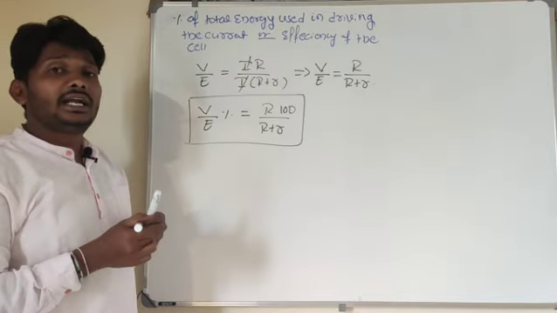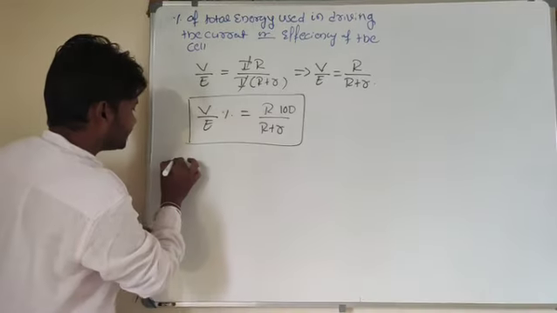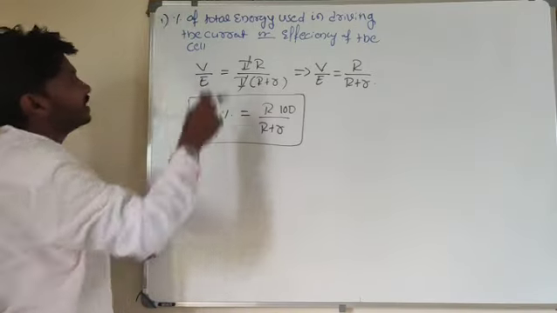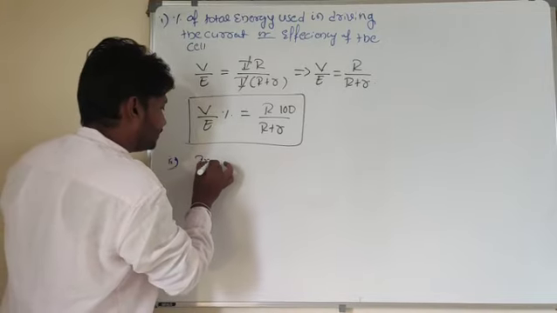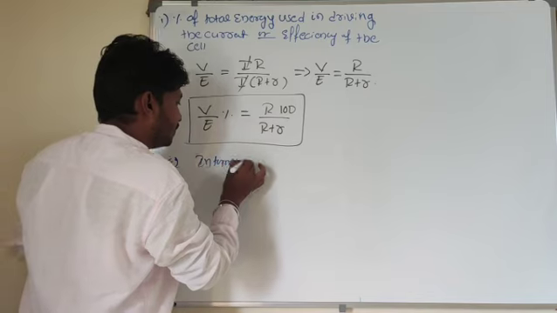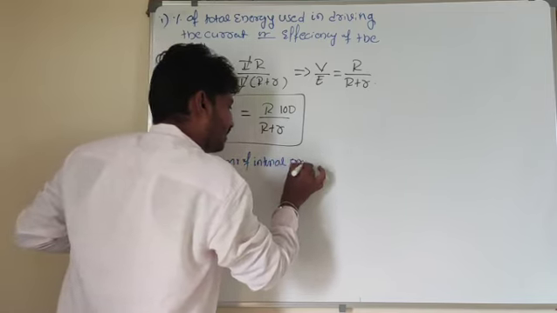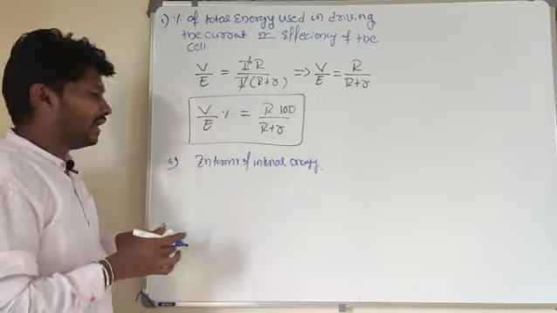So what about in terms of internal energy here? I can consider that as the second point. This is the efficiency of the cell in terms of internal energy: how much energy is getting lost due to the cell, I can find out.